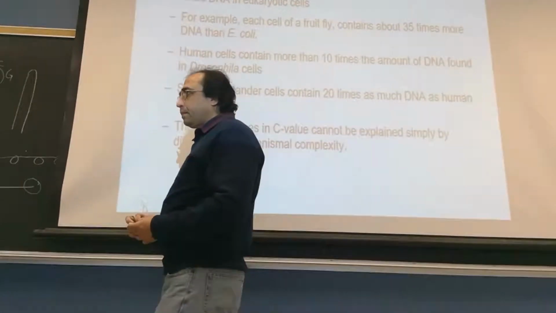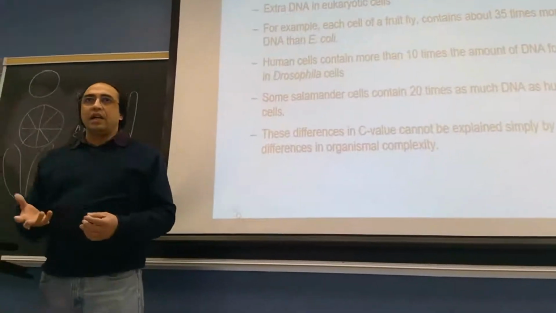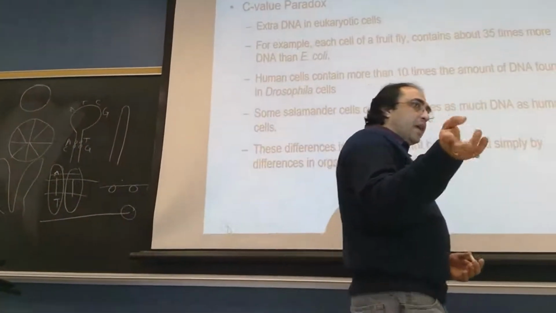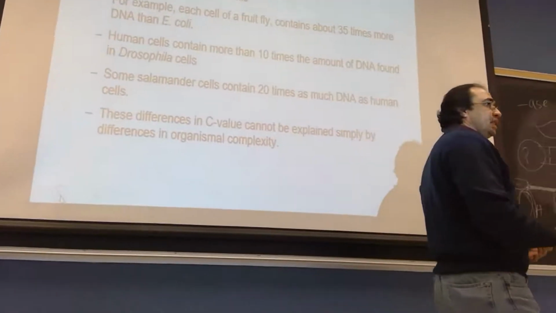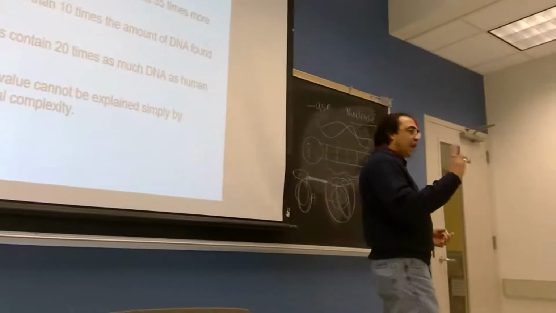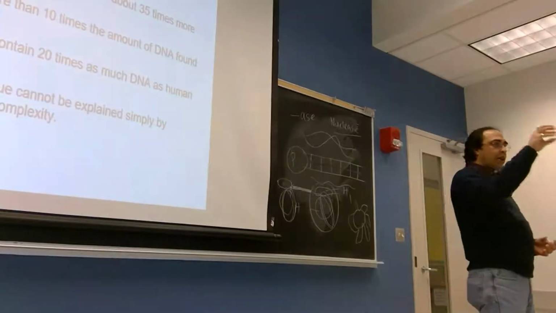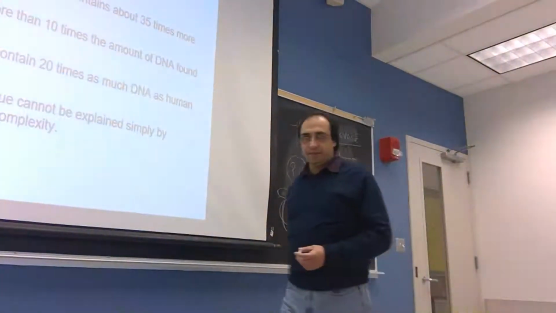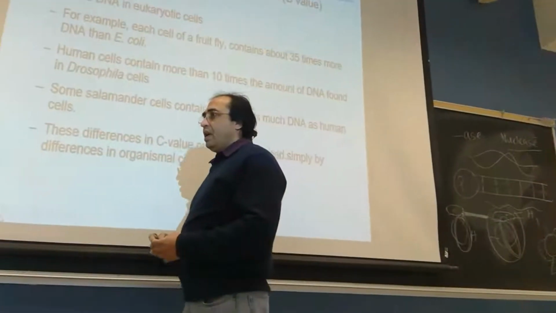Each organism has a particular amount of DNA, and it differs from organism to organism. This is called the C value. The C value is the particular amount of DNA in a particular organism.